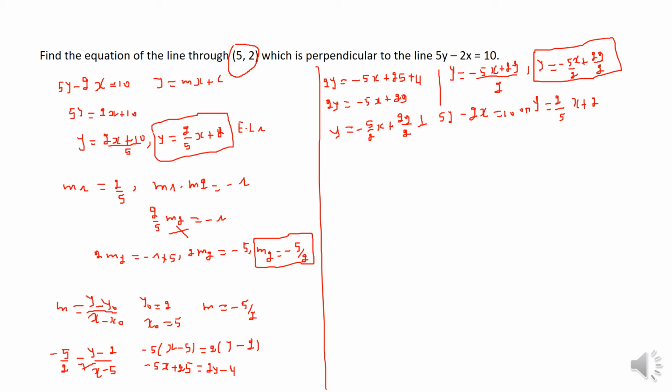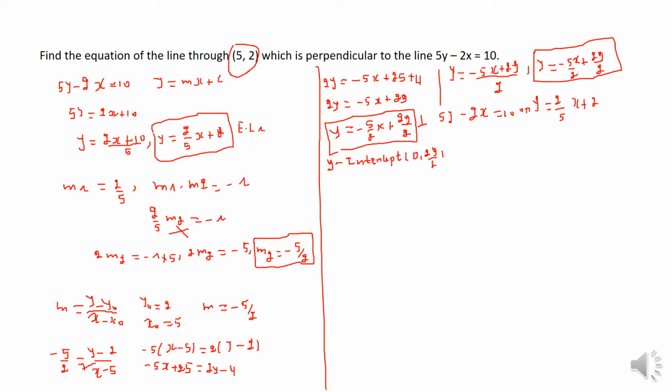So now let us take this equation. For this equation, yes, you can find the y-intercept. So the point is 0 and 29 over 2.